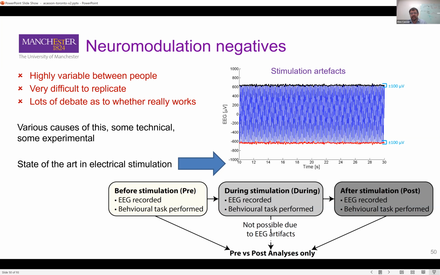So even today in the literature, the vast majority of studies compare EEG from before the stimulation to the EEG after the stimulation. There's a big section in the middle where there's no info, and you hope that the two ends connect together.